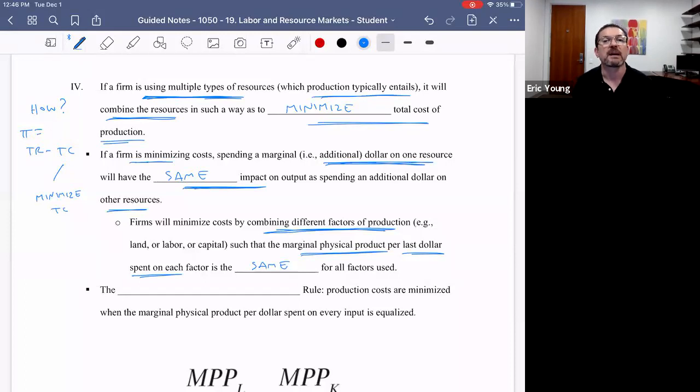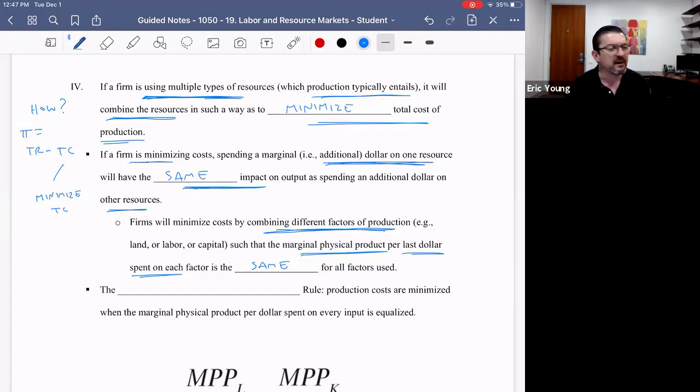How about this? Think about the idea of bang for the buck. You're a business owner. You have some money to spend. You can either hire new workers or buy a new tool or machine or factory or technology piece. You're going to ask yourself, for every dollar that I spend, which of these resources, the labor or the capital, will give me the most bang for the buck?